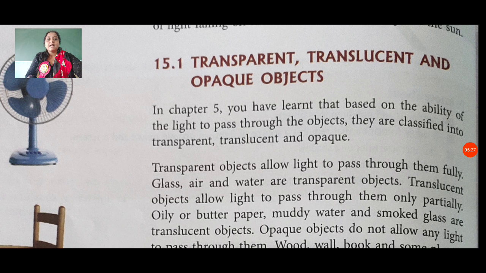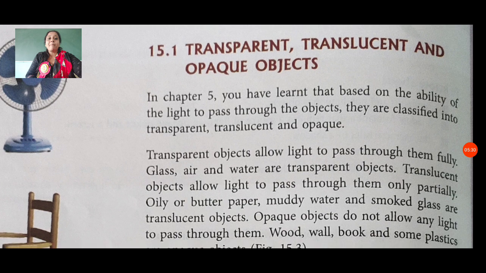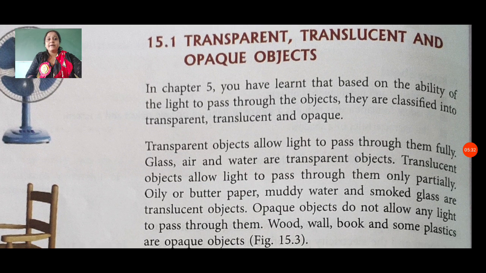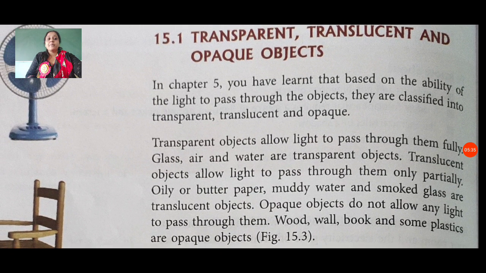Translucent objects allow light to pass through them only partially. Oily or butter paper, muddy water, and smoked glass are translucent objects. That means they do not allow light to pass fully, they allow it partially. Opaque objects do not allow any light to pass through them. Wood, wall, book, and some plastics are opaque objects.